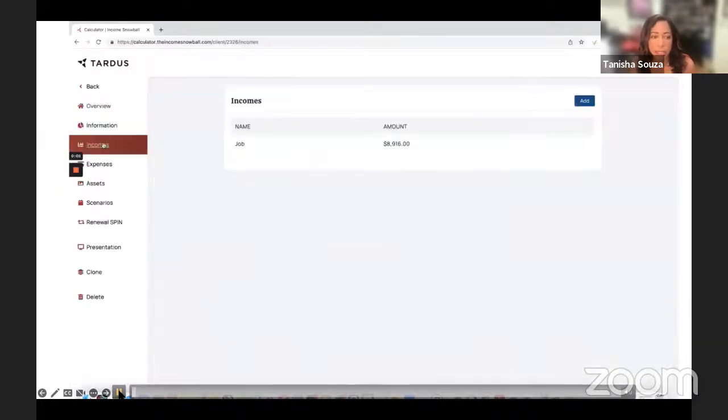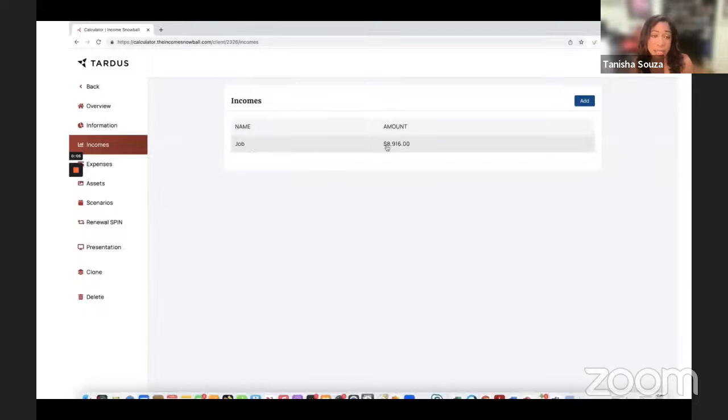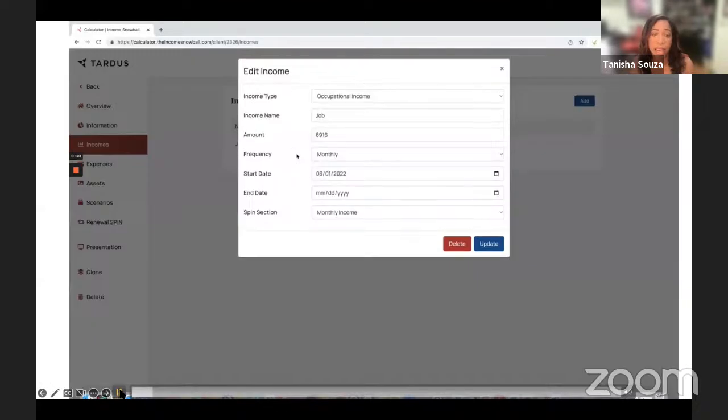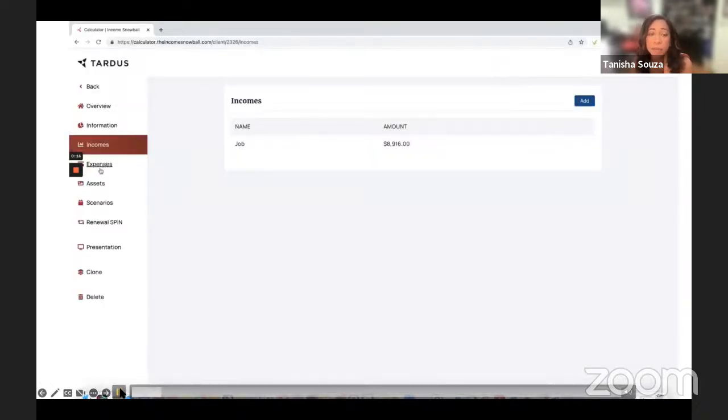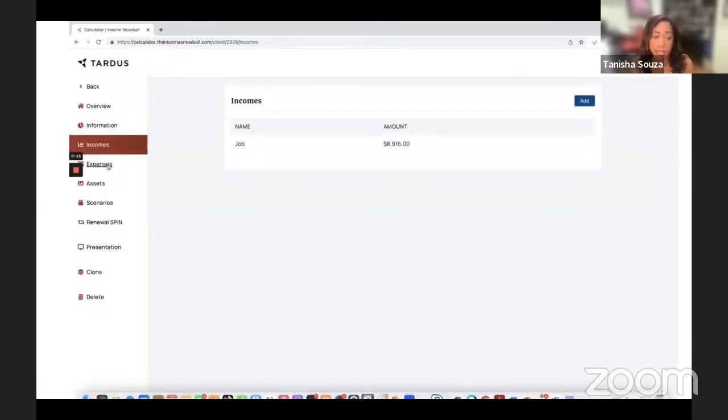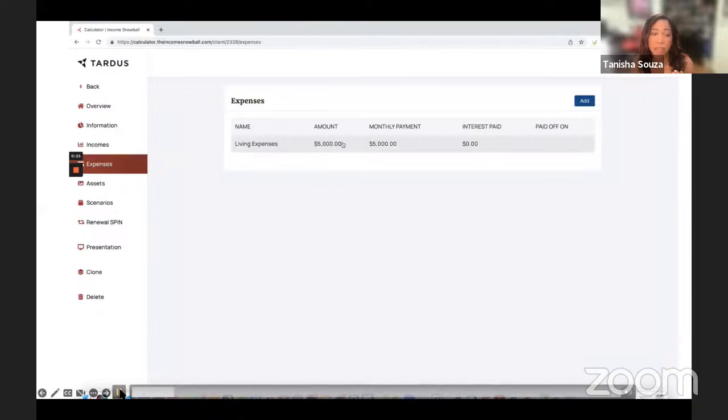Okay, so we're looking at a client whose income is $8,916. That's the first example that I gave you, the person that has the smaller cash flow, right? So that's their monthly income from their job. That's their take home pay because they're taxed at that very high tax bracket, right? And then their living expenses are $5,000 per month.